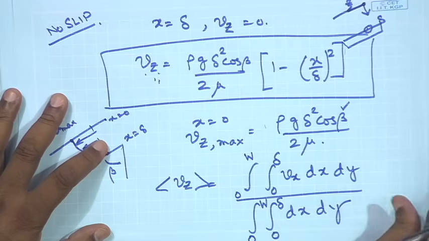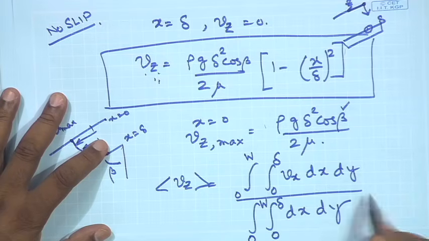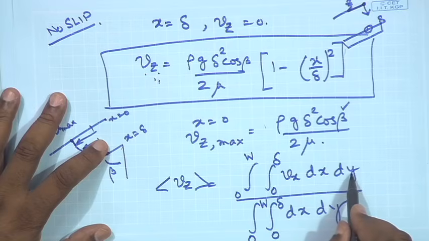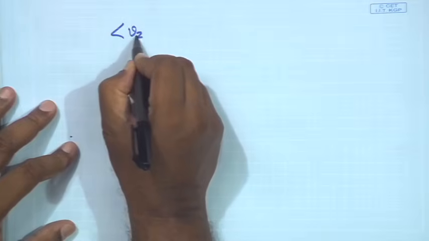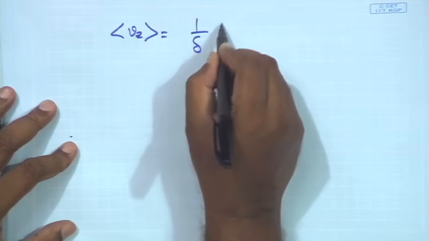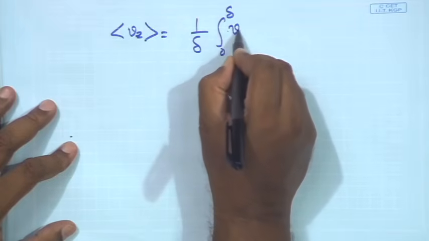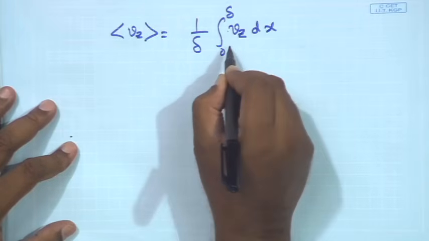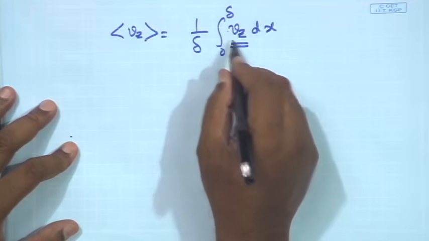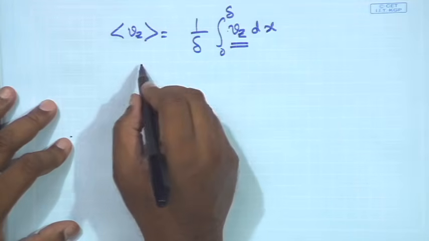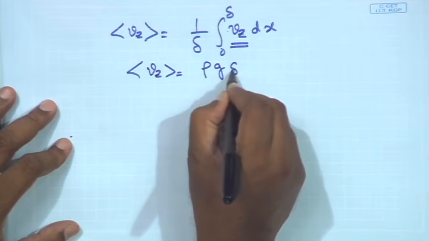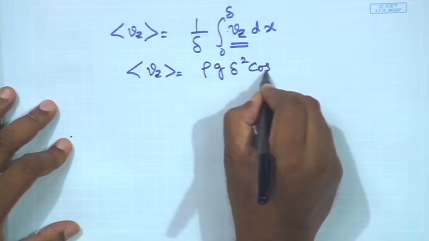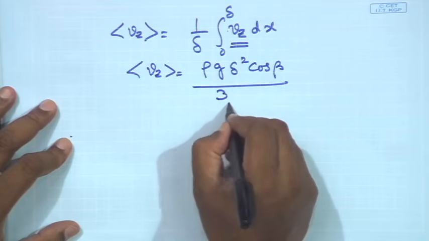And when you do this integration, of course, since Vz does not depend on y, you can take this out, and your average Vz would simply be equal to 1 by delta, integral from 0 to delta Vz dx, and the expression of Vz you are going to plug in from the previous one, and what you would get is rho g delta square cos beta by 3 mu.